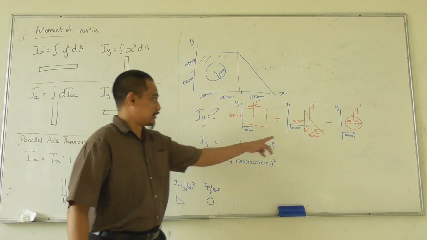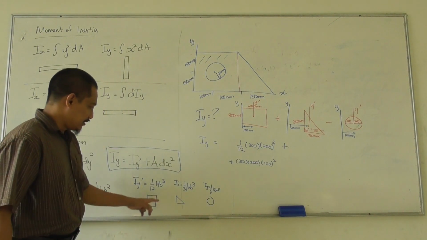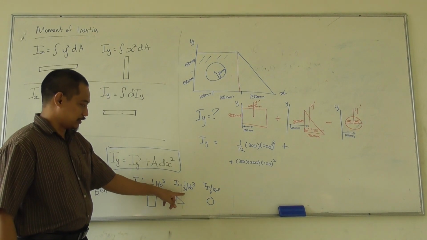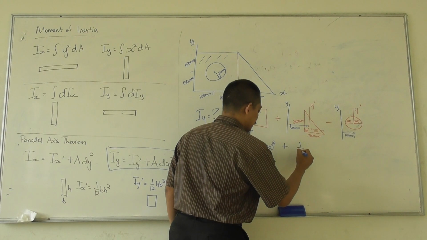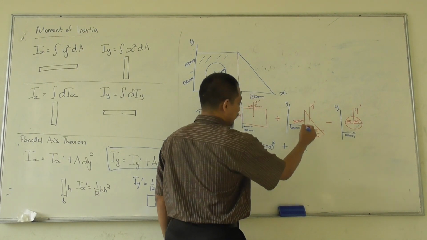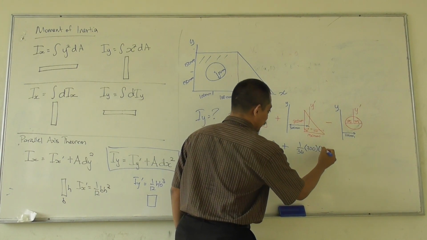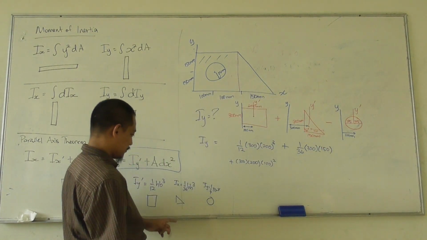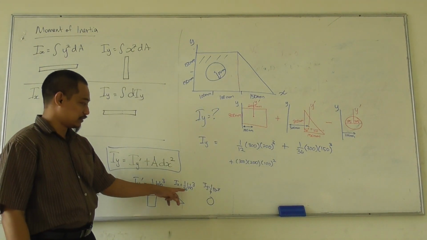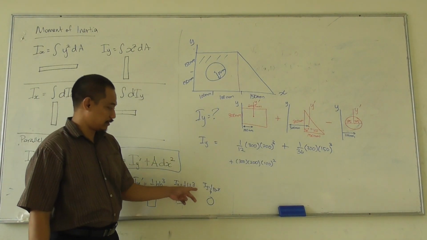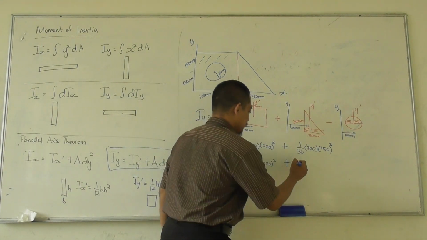Alright, what about this one? So plus, you know this equation, right? So for Iy prime, you have 1 over 36, then you have this one 300, and this one 150 to the power of 3. 1 over 36, that one and that one to the power of 3, right? Plus area, what is the area?